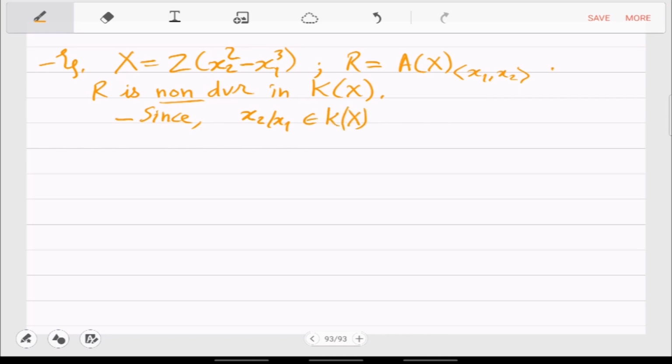This function y, x2 over x1, is not in R.